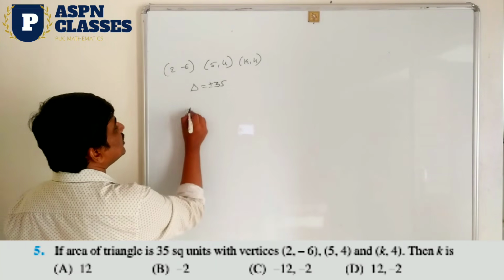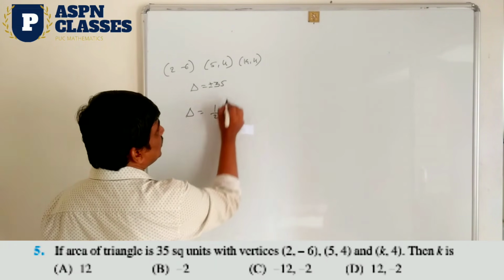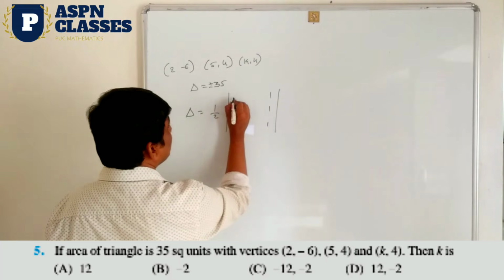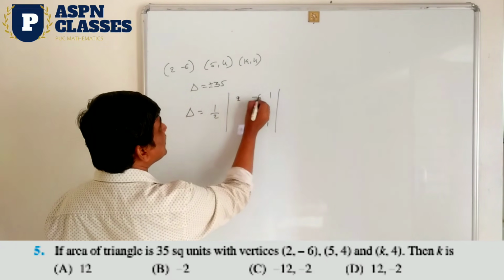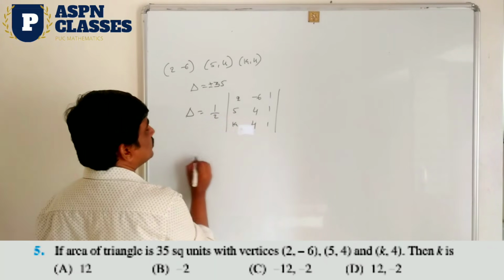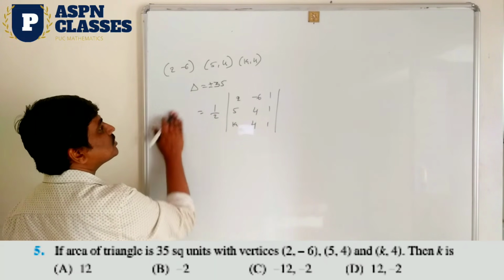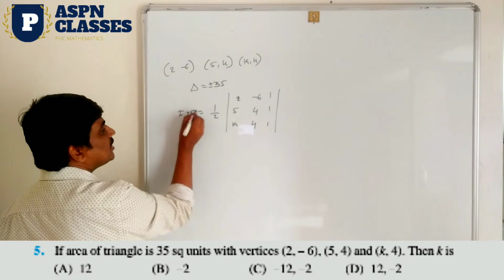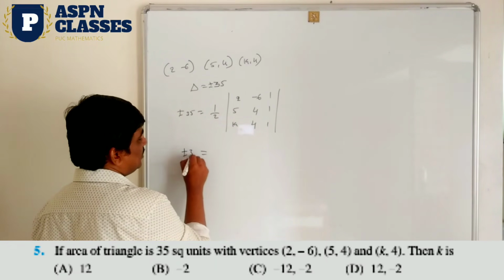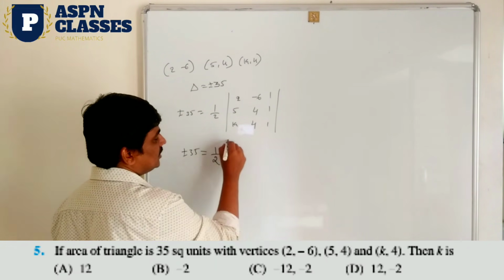Now you have to write down delta is equals to 1 by 2 into bracket, last column is 1 1 1 and the points are 2 comma minus 6, 5 comma 4, k comma 4. This result delta is equals to plus or minus 35. Now I have to simplify this, plus or minus 35, write it as it is, this result also as it is.